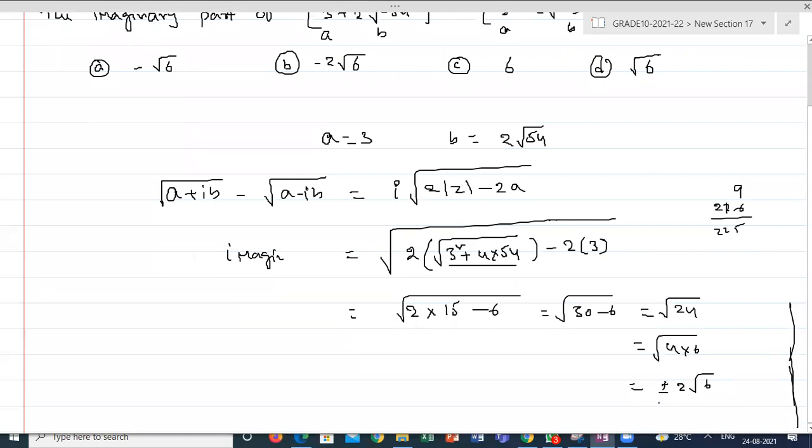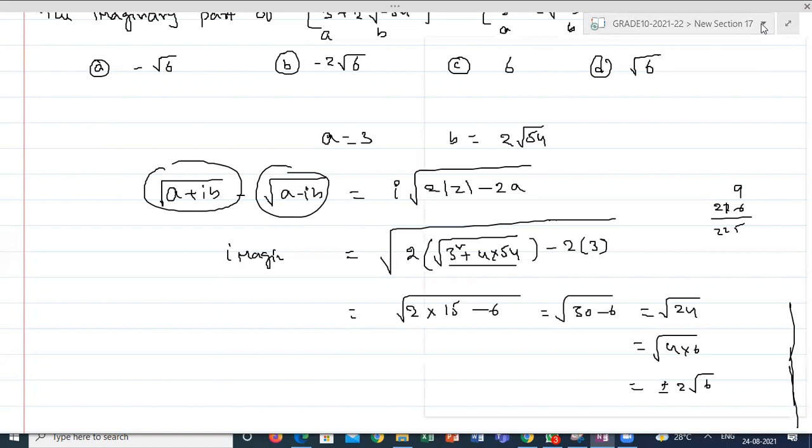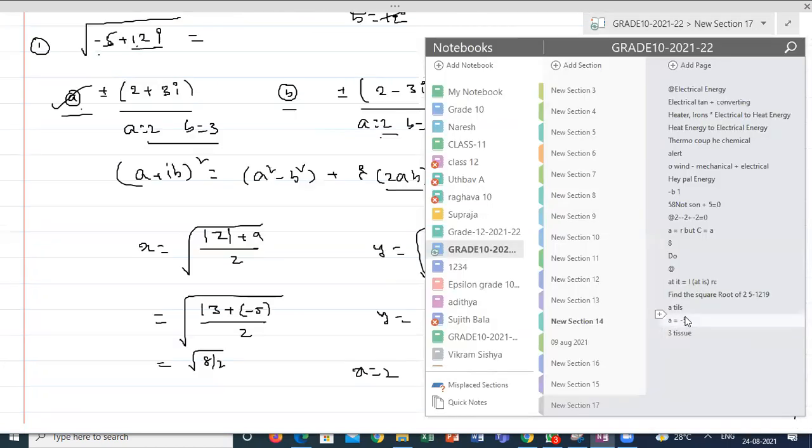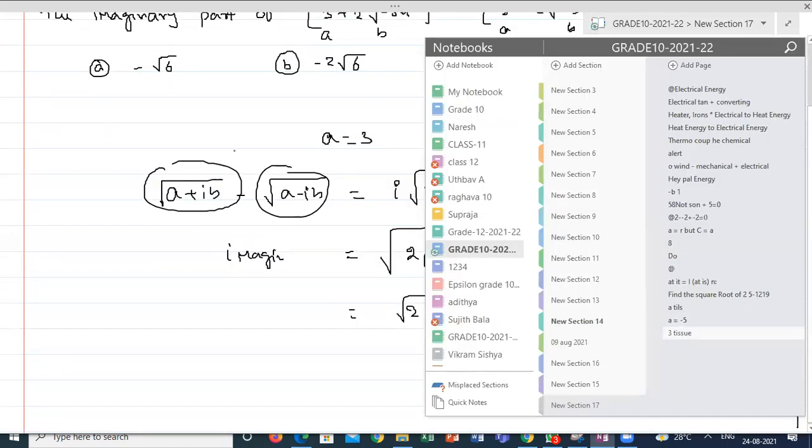Sir, is there any short way of doing the sum instead of the formula? So you find out the square roots of both the things and straight away. No, no shortcut. This is the only shortcut. Sir, this is using the formula, right? Like the last sum, we found it out from the options, right? Okay.